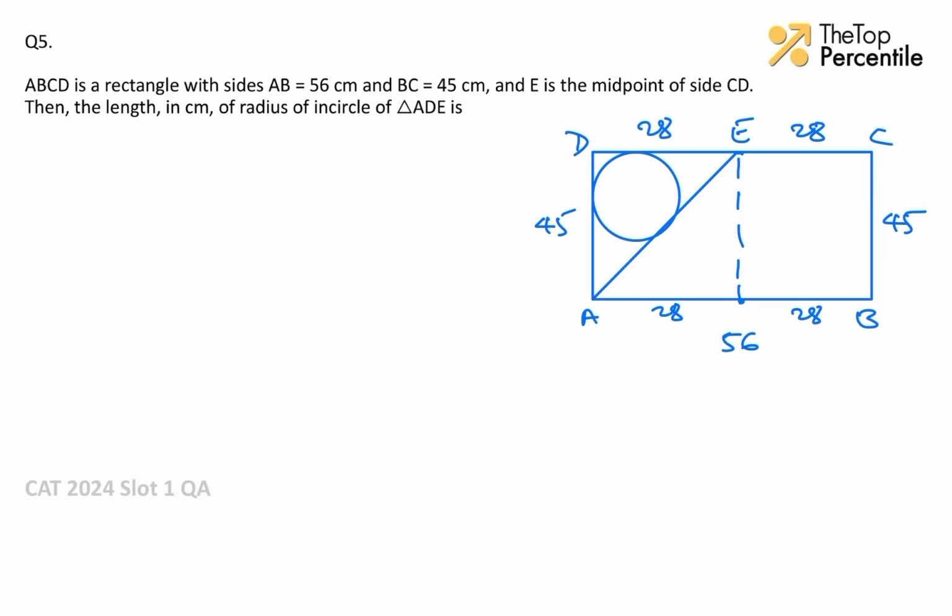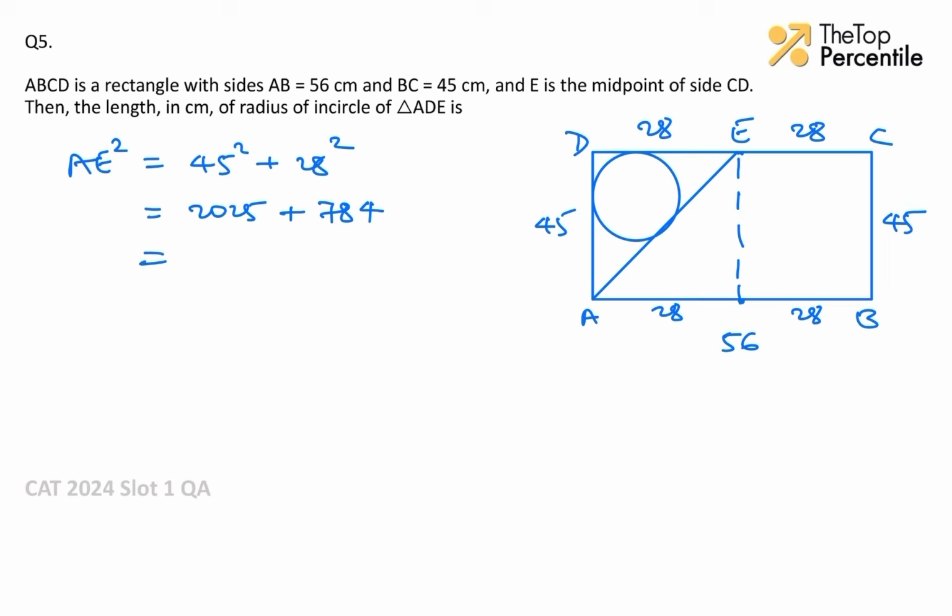Now I need to find the value of AE, which is the hypotenuse. So AE square will be 45 square plus 28 square. 45 square will be 2025. 28 square will be 784.